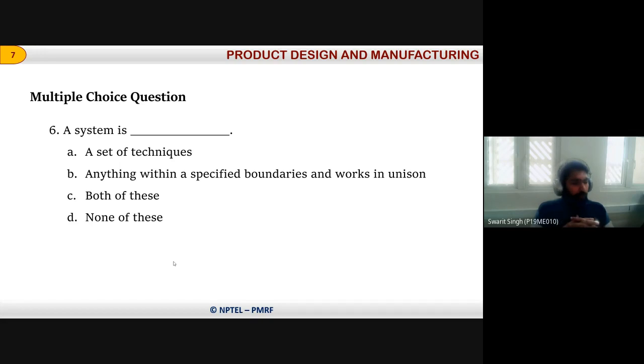Works in unison means it works combinedly, एक साथ काम करना. Is it the set of techniques, or anything working in a specified boundary, both, or none of these?